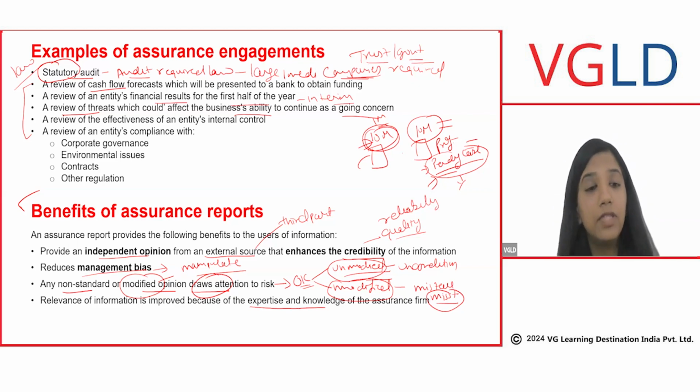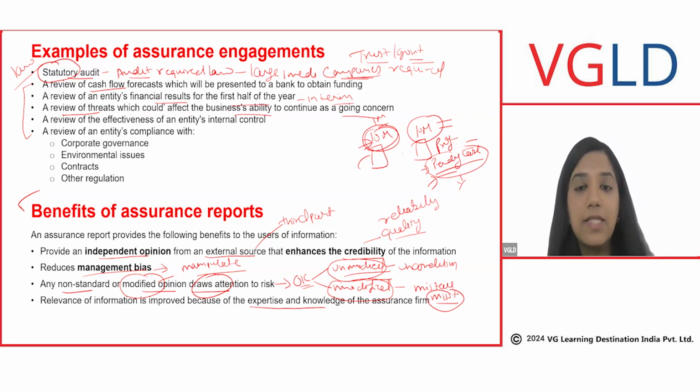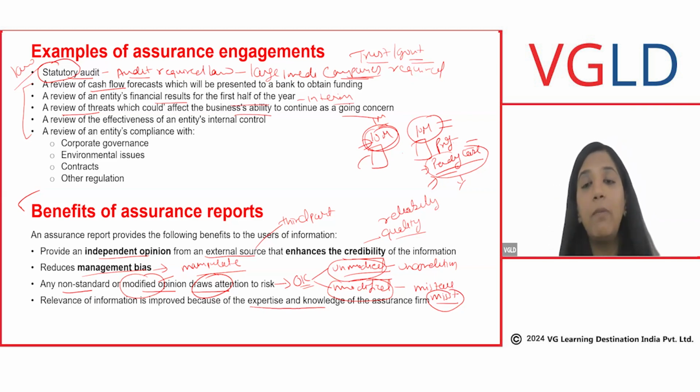A review of threats which could affect the business's ability to continue as a going concern. Like, what could be the possible threats when it comes to going concern? Say, for an example, my client has an industry located near the bank of Yamuna River.